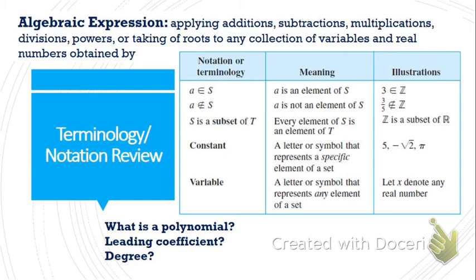What's a polynomial? An expression with multiple numbers. Something like 7 can be a polynomial. X plus 7 can be a polynomial. 3x squared plus x plus 7 can be a polynomial. We always write polynomials in decreasing order based on their degree, so the highest power.